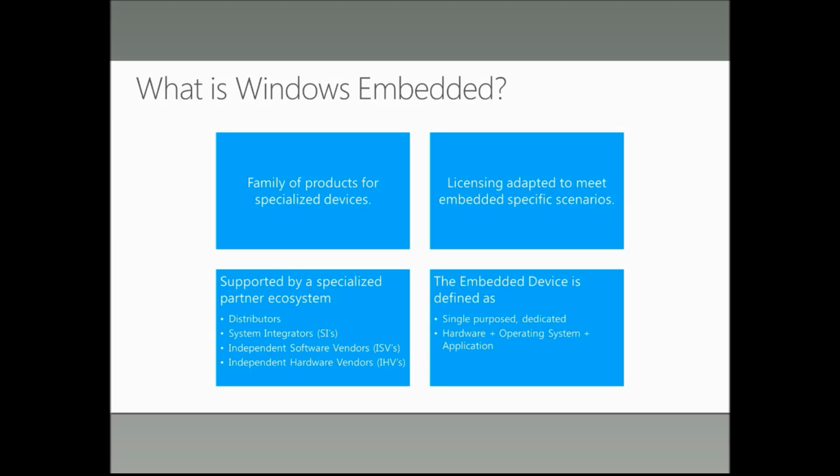This means we allow customization of the operating system, we allow branding of the operating system, we allow lockdown of the operating system. We have a set of tools to be able to do this. And we also have different deployment mechanisms or deployment rights to make sure that when a device manufacturer is building an embedded device or a specialized device with Windows Embedded, they'll be able to easily deploy the device with a customized operating system.